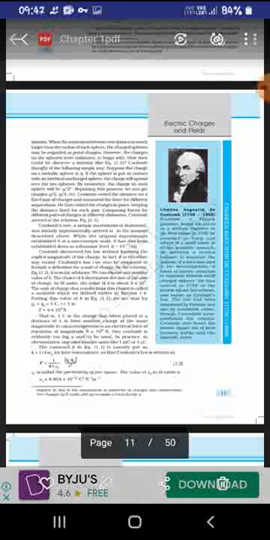Here F is equal to 1 by 4 pi epsilon 0 into Q1 into Q2 by r squared. Therefore epsilon 0 is equal to 8.854 into 10 to the power minus 12 C squared N inverse m inverse squared. Epsilon 0 is called the permittivity of free space.